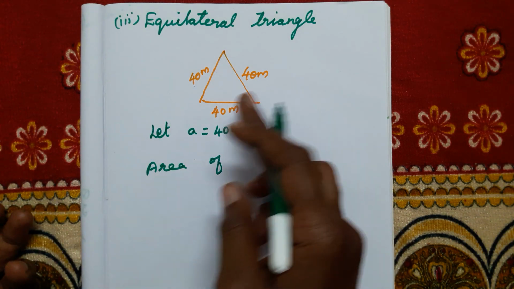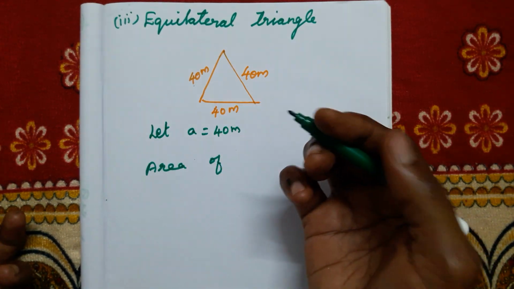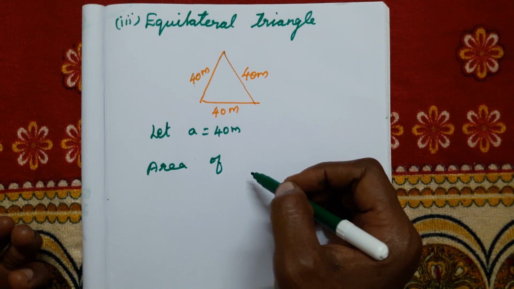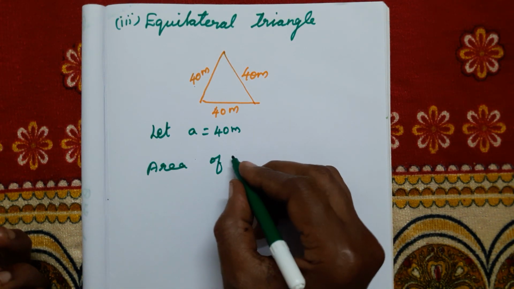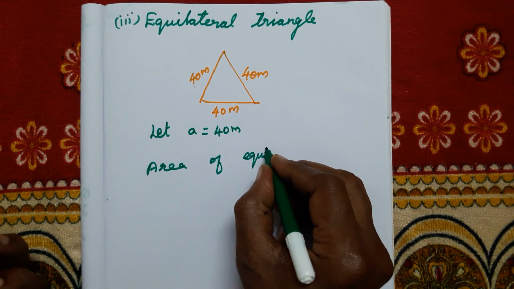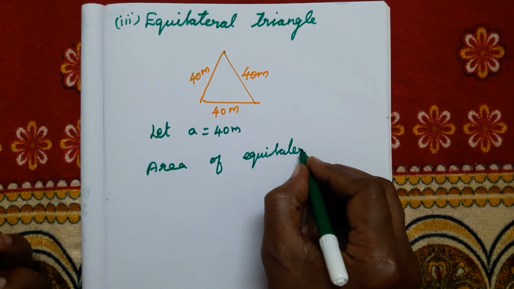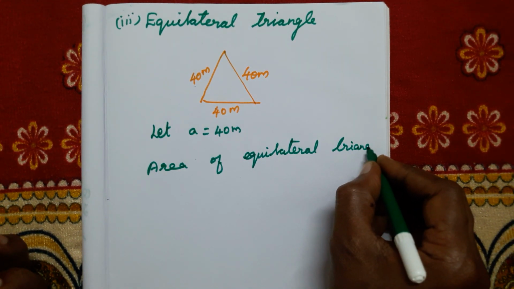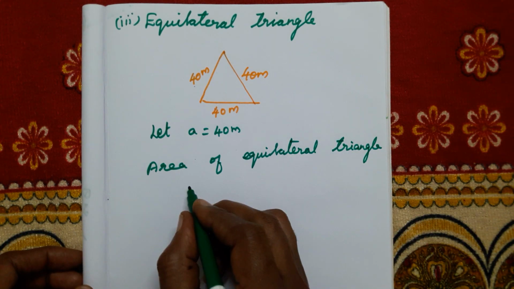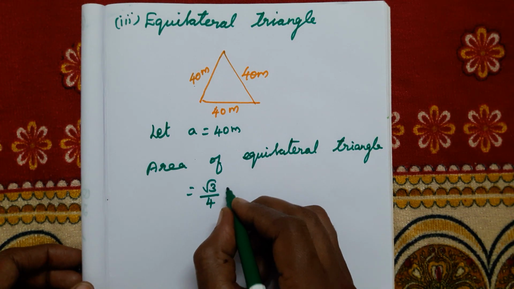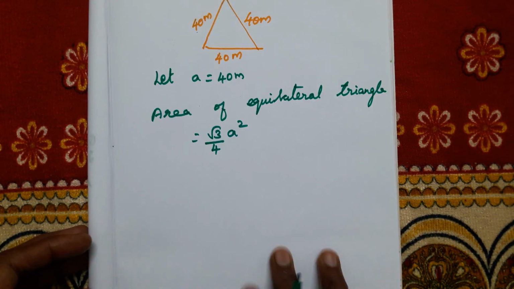From Heron's formula only we get the area of equilateral triangle is equal to root 3 by 4 a square.